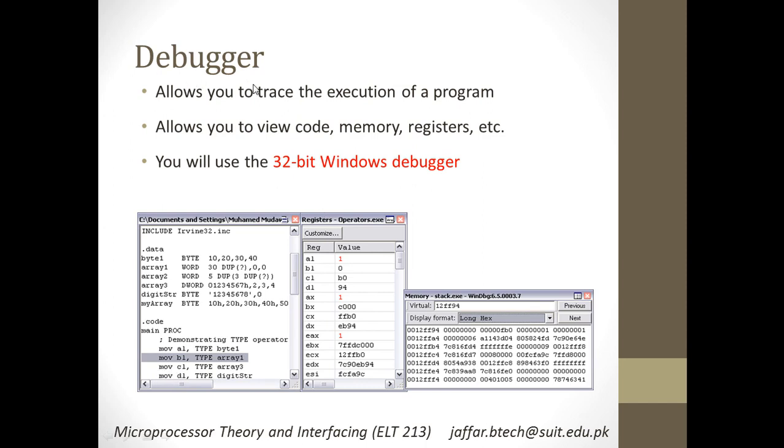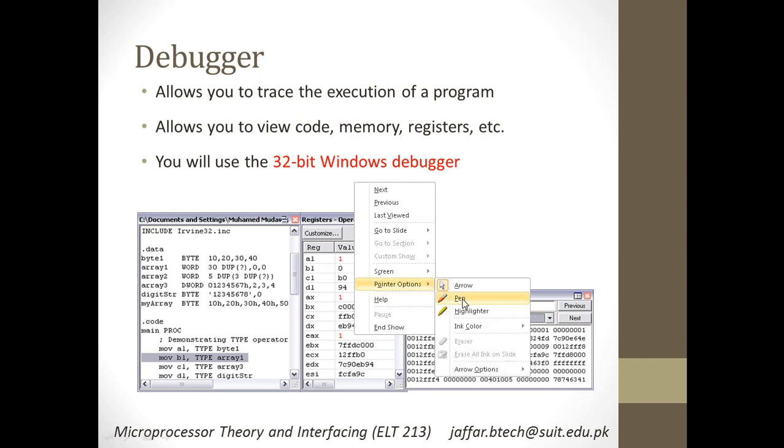So you can have a debugger, and the debugger will allow you to look at these instructions line by line, or one by one, or register by register. You will have the opportunity to look at the registers and the different memories, and how they are going to update. And for that, if you are using a 32-bit Windows, you can use a 32-bit debugger. There are several types of debugger.